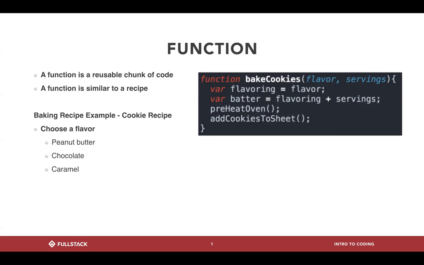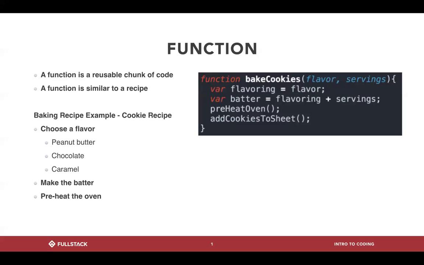And so the next thing that happens is we create our batter. We add flavoring plus the number of servings, and we get a value calculated from that, and we store that into batter. Then after that, we call this other function, preheatOven, and then another function after that, addCookiesToCookieSheet.